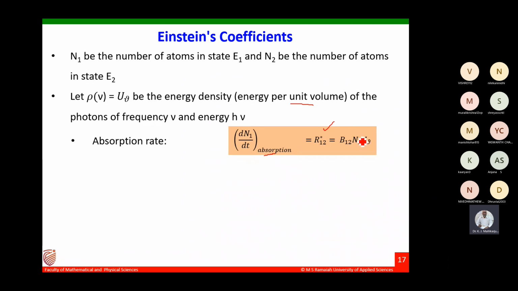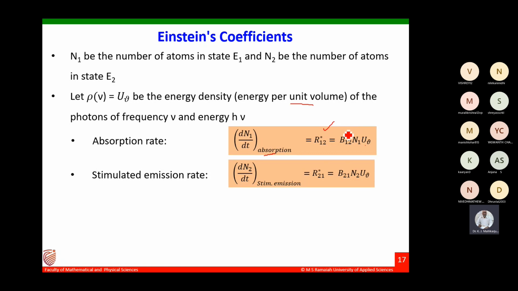We already know this. You can label it as 1, 2, 3 if you wish. The second one: let us assume that stimulated emission happens. I am using a star because these two processes happen in the presence of external radiation.